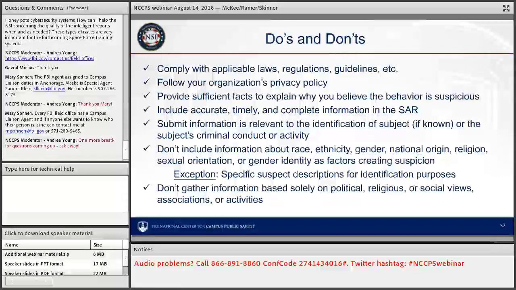Well, there are two places that I can refer you to. The Office of Justice Programs Global Information Sharing Toolkit offers a wide range of materials relevant to federal, state, local, tribal, territorial law enforcement practitioners, and also the privacy, civil rights, civil liberties subject matter experts.